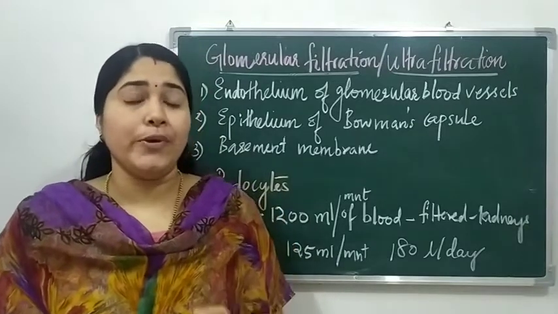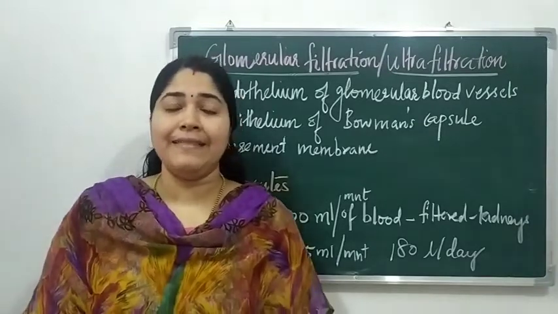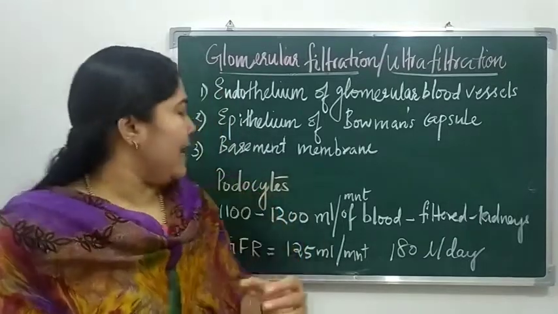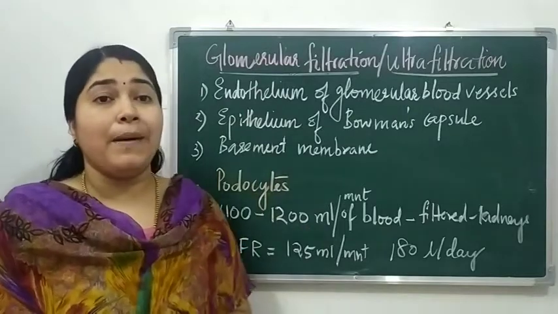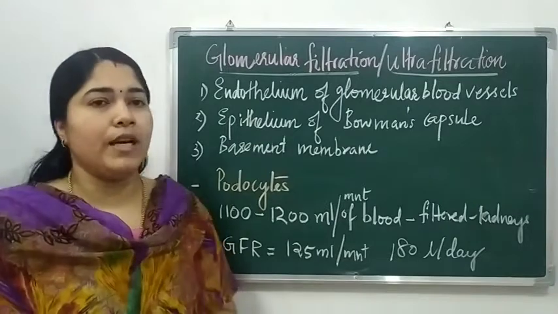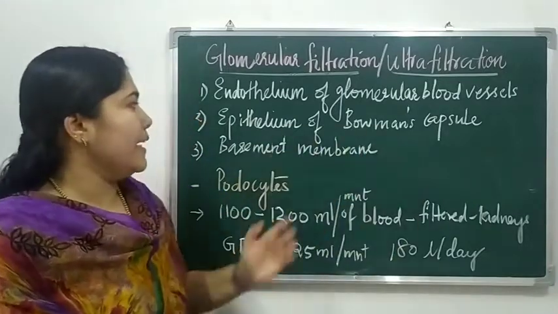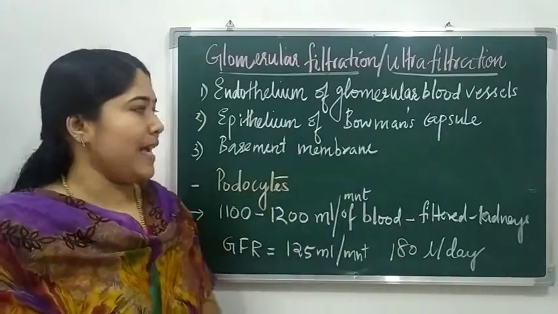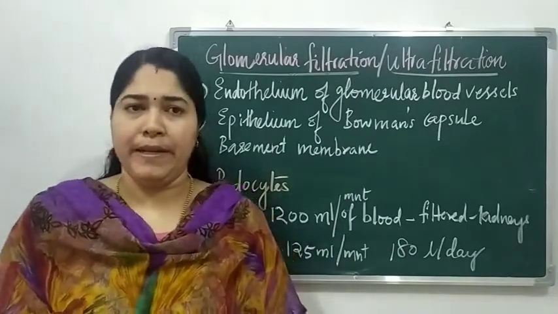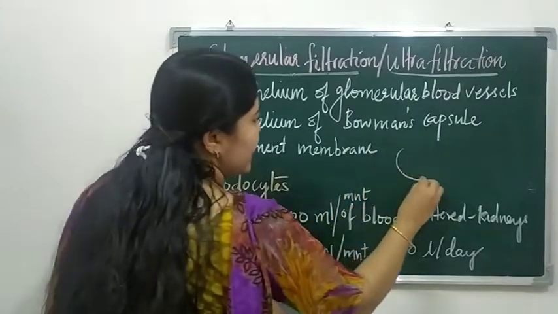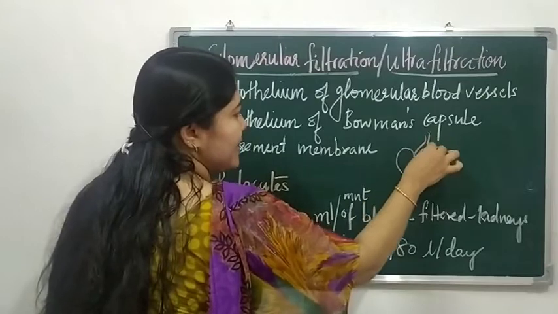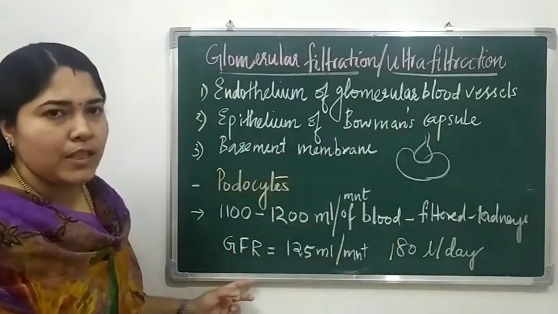A pressure is created in the glomerulus for the filtration process to take place. The blood or the filtrate passes first through the endothelium of the glomerular blood vessel, then through the epithelium of the Bowman's capsule, and in between them you can see the basement membrane. Within this is the Bowman's capsule, and here you can see a tuft of blood capillaries, that is the glomerulus.